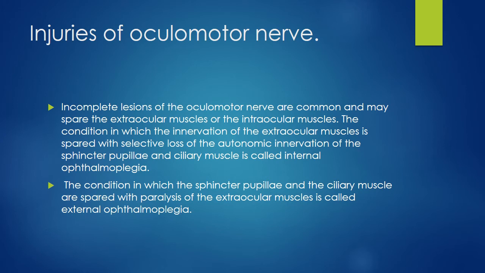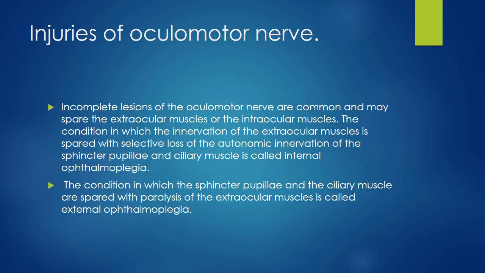The condition in which innervation of extraocular muscle is spared but there is a selective loss of parasympathetic supply which supply the sphincter pupillae and ciliary muscle, this type of injury is called internal ophthalmoplegia, means weakness of internal muscles.